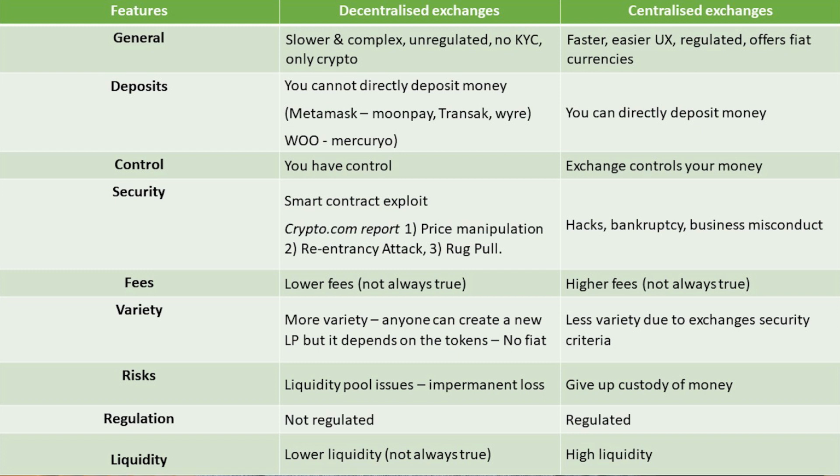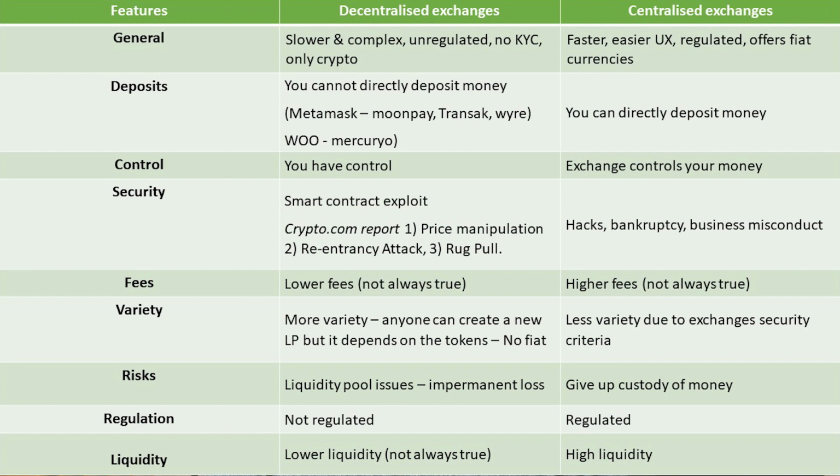Starting with the general idea, a decentralized exchange is normally slower and more complex, unregulated, no KYC, and you can only trade cryptocurrencies. A centralized exchange is generally faster, with easier UX, it's regulated and offers fiat currencies as well.